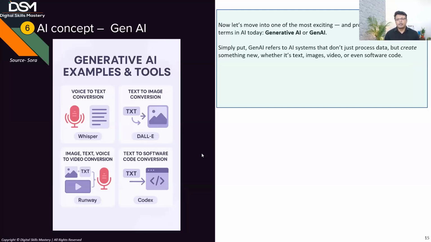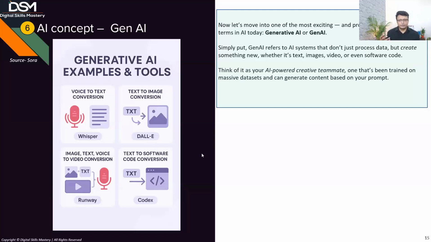Now, simply put, Gen AI refers to AI systems that don't just process data, but create something new, whether it's text, image, video, or even software code. So think of it as your AI-powered creative teammate, one that has been trained on massive data sets and can generate content based on your prompt.